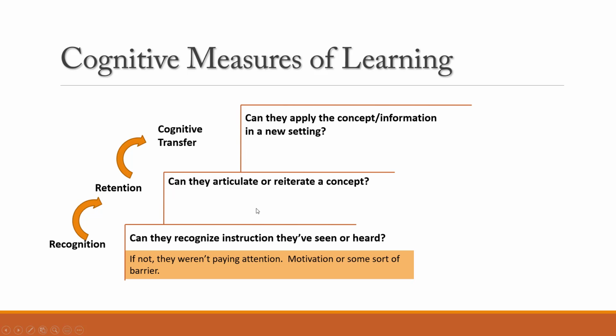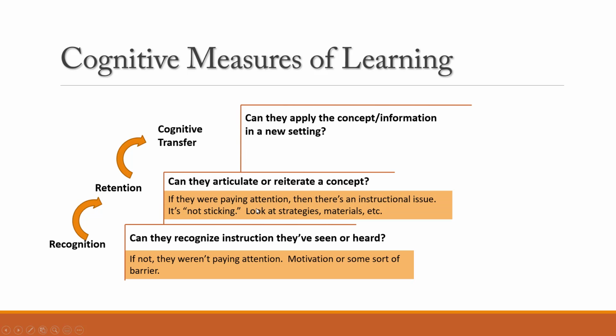Have they even paid attention? And then retention: if they were paying attention, but they can't articulate something or explain it back to you, or pick an example or something like that, then there's probably an instructional issue, because we know they're paying attention based on recognition questions, but it's not sticking.